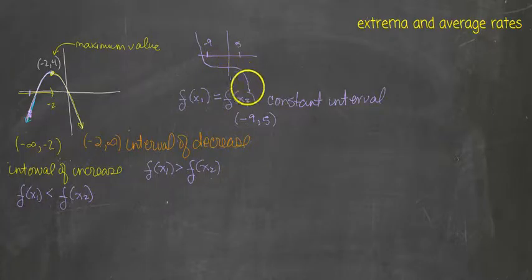And we have intervals of decrease, which means every time you choose a greater x value, you get a smaller y value. Okay, but bunch of language just to say something that you already know, but it's language that's very important in your future.